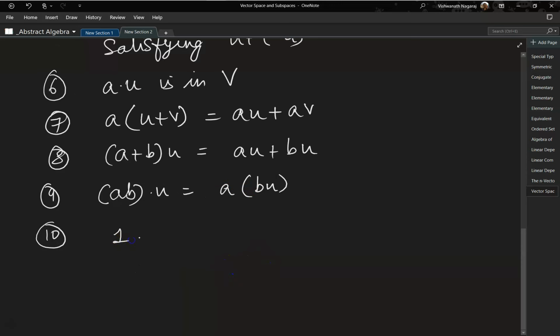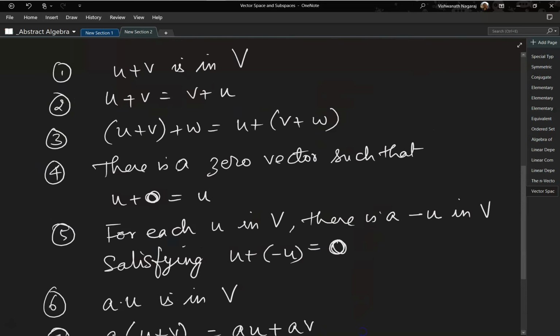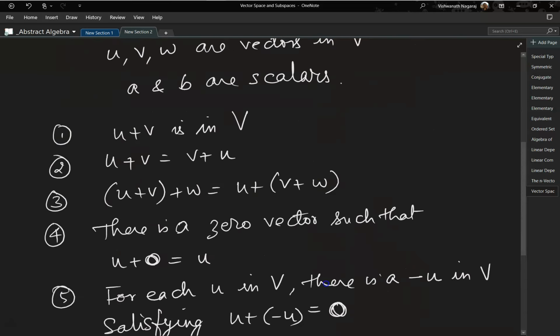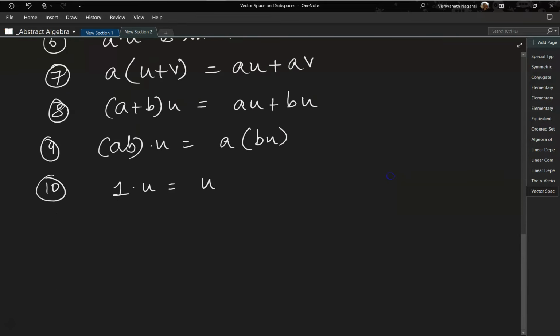And the last one is 1 times u is equal to u. Okay, so these are the things that have to be satisfied for a vector space formed by a set of vectors.